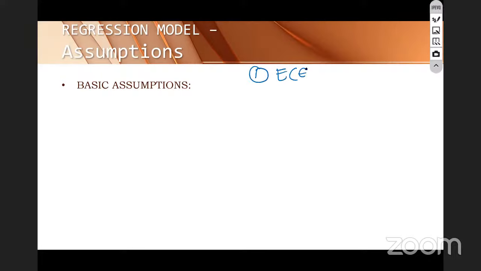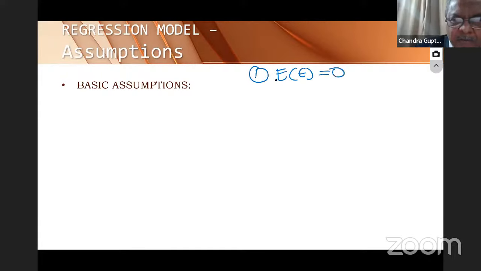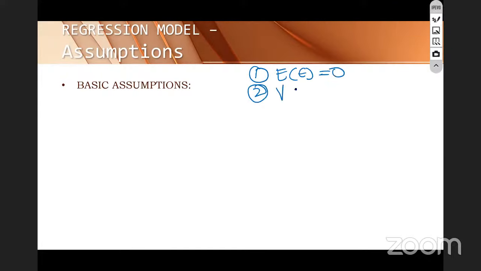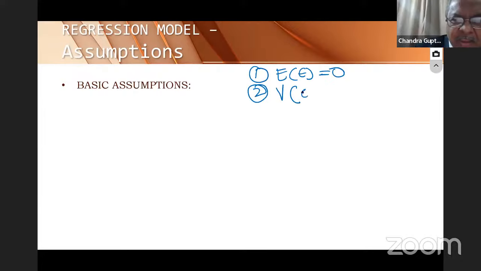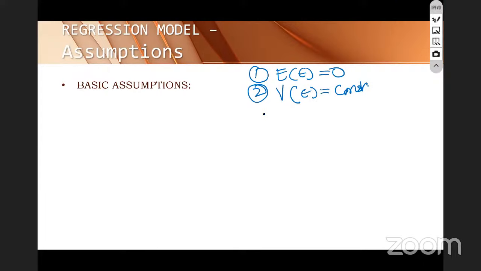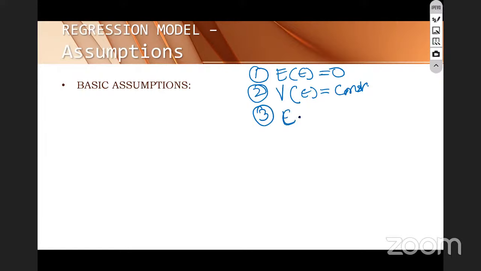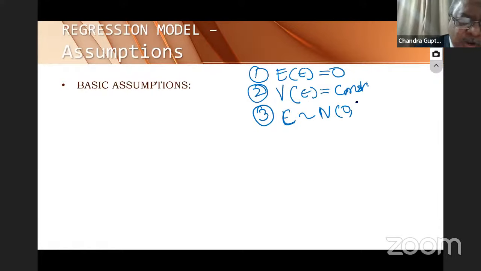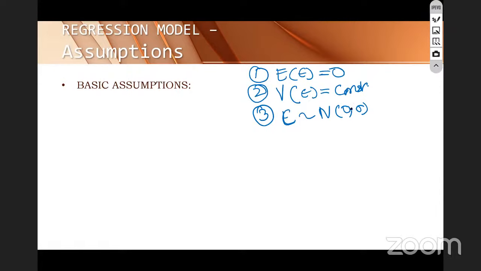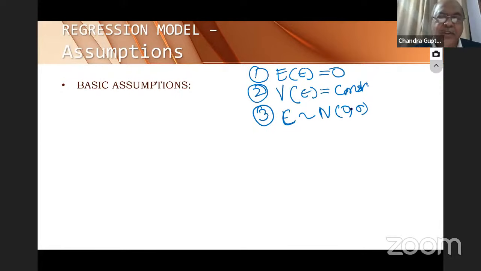The expected value of the error term is 0. So that is the fourth assumption, conditional. The variance of the error term is constant. And normality: the error term follows a normal distribution. And the moment you say normal distribution, what does it mean? It's a random variable, right? And with a normal distribution, what does it mean?